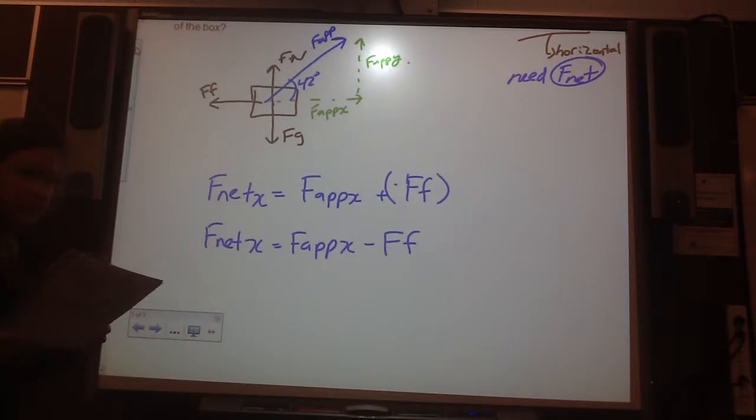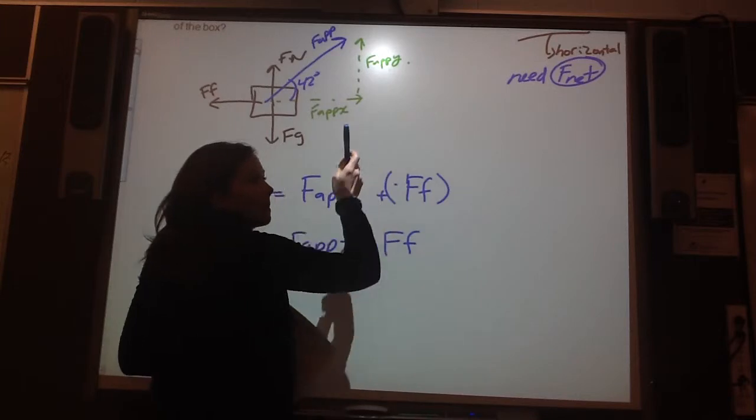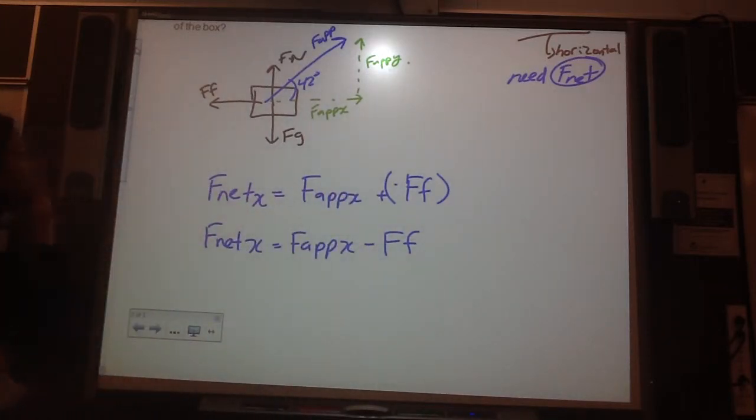Would F net Y be 0? Well, no, because you can find FG, right? Yes, to find Fn. Right. Would you let F net Y equal 0? Oh, yes, you would.